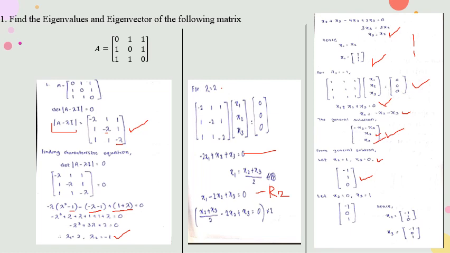And here is the other eigenvector, where x2 equals 0 and x3 equals 1. So we will find x1 equals -1, so -1, 0, 1. Hence, the eigenvectors are for x2: -1, 1, 0, and for x3: -1, 0, 1.